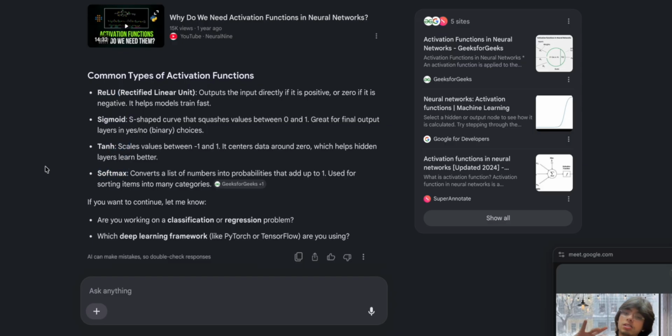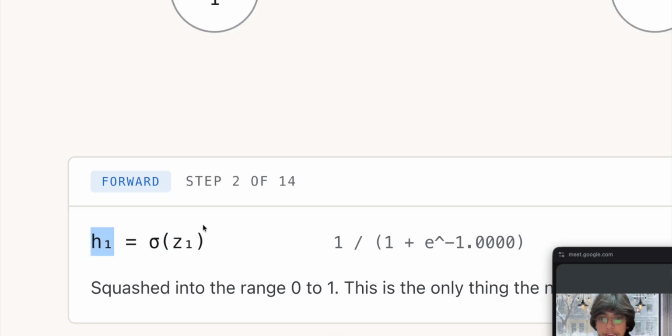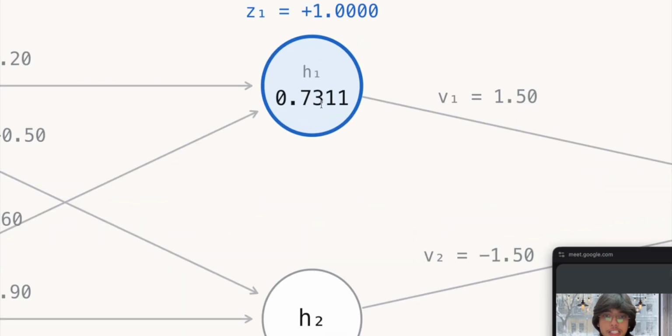These are very common activation functions that you'll see in many neural networks. For our particular case, I've chosen the sigmoid function because it gives us a continuous S curve, which is also differentiable, so it will be easy for us. So this was step 2 in calculating h1, and whatever we get now is the value of h1, right?